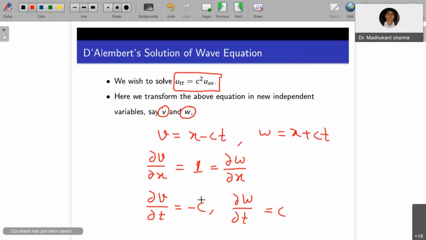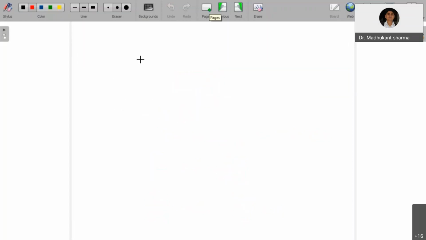Now you have to transform utt or uxx into partial derivatives with respect to v and w. How would you do that? You are going to use the chain rule. So u is u of x comma t, but now you want to transform it into v and w. Because v and w are also functions of x and t, you can take u as a function of v comma w, which means you have transformed it.